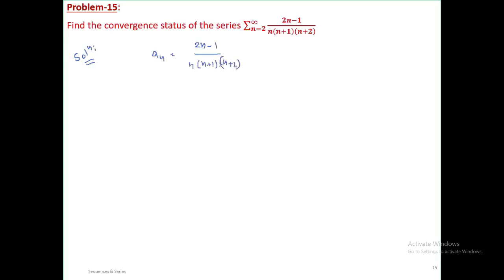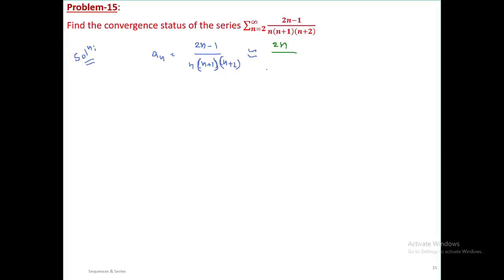The denominator is a cubic polynomial. So as n becomes very large, 2n minus 1 becomes 2n only. It doesn't matter, minus 1. Like 1 lakh crore minus 1 rupee, what do we get? Approximately 1 lakh crore only, right? So 2n minus 1 is approximately equal to 2n.